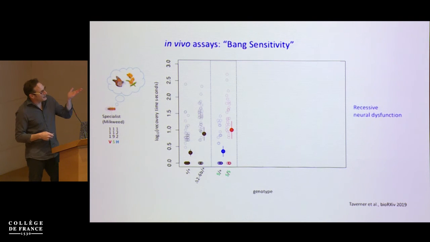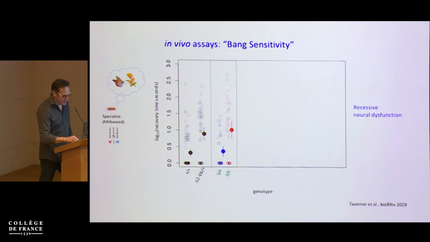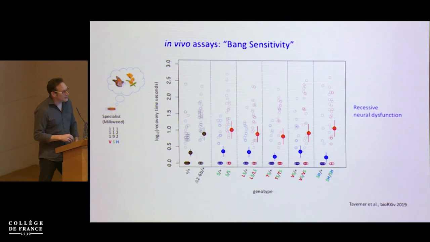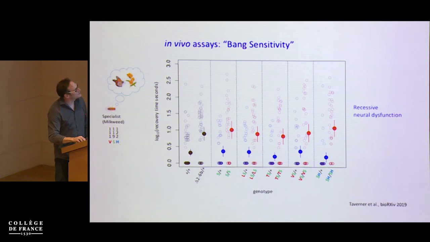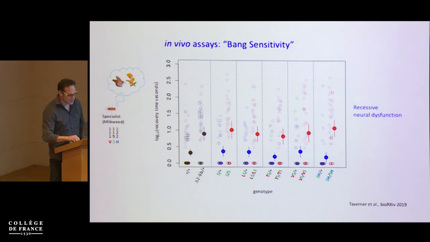This suggested that this mutation, though it's permissive, has this recessive neural dysfunction associated with it. And that's actually true of all of the substitutions we tried on this A119S background. They all show the same pattern. The homozygote has delayed recovery times relative to the heterozygote.